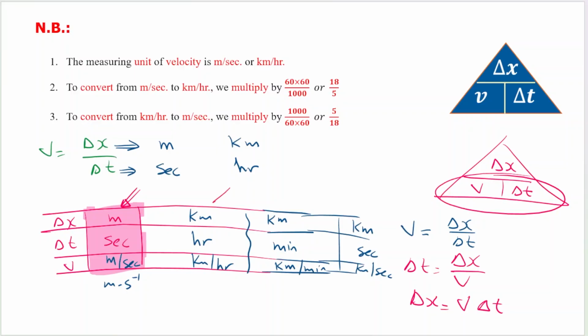What if we have the velocity measured in kilometer per hour and we need to convert it into meter per second and vice versa? We do this. Kilometer per hour is exactly kilometer over hour. Meter per second is equal to meter over second.